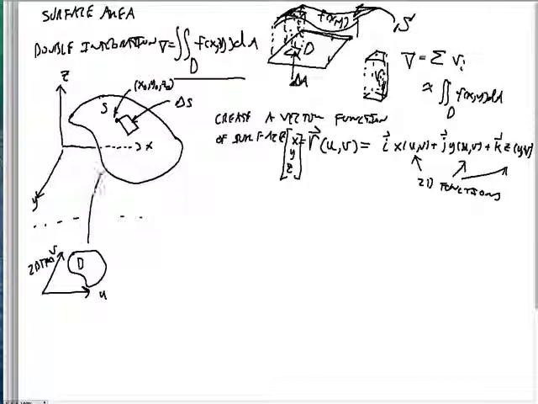We're going to create a mapping, and that mapping, that vector function r, is going to map u and v into our three-dimensional space. So the question then is, how do we use this idea to find out something about this surface, most importantly its surface area?